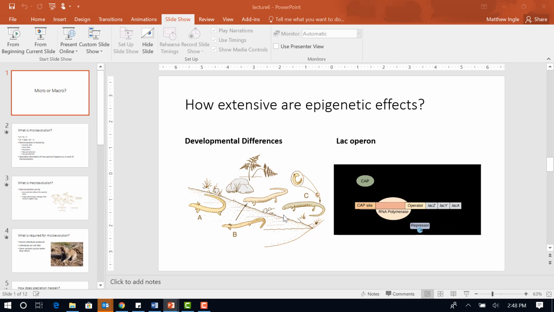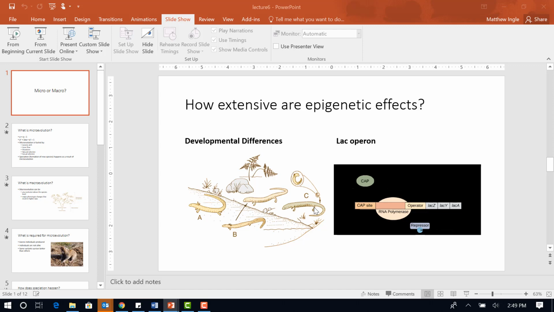It is an epigenetic difference, that they all have very similar genetics, but the expression of the genes that they have are what influence whether they stay with a larval form. They are pedomorphic and reach sexual maturity in the larval form. They have a more typical salamander life history, or they pass through the larval form in the egg and are born as a small version of the adult. Again, very little genetic differences.